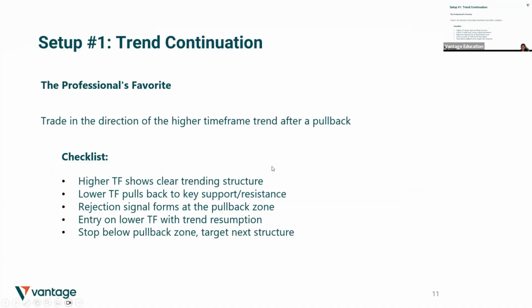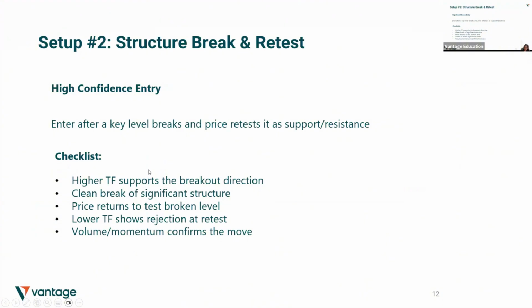All right, for setup two, we will talk about structure break and retest, a high confidence entry. So you enter after a key level break when price retests it as support or resistance.